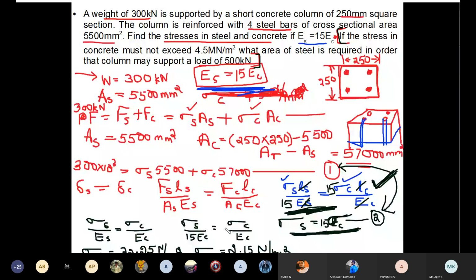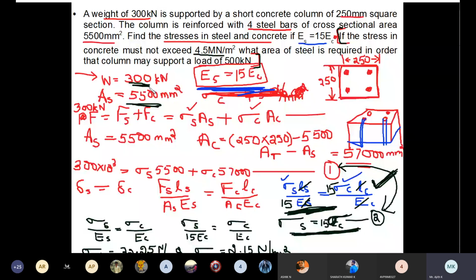Okay, thank you, sir. After this, moving on to the second sub question, hardly 5 more minutes. Right now I'm getting sigma C as 2.15 Newton per mm square, but according to the second sub question, if the stress in concrete is 4.5 Newton per mm square, then what should be the area of steel in order to support a load of 500 kilonewton?